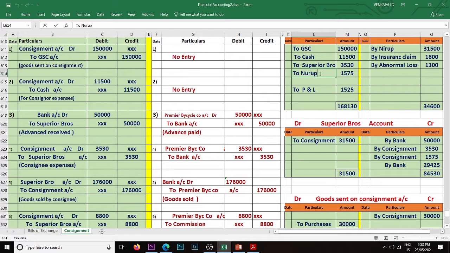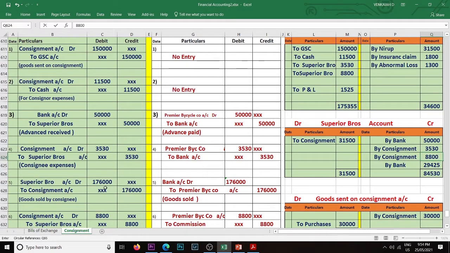And the next, commission, fifth journal entry, Superior Brothers account, consignment account related to 8,800. Same in the books of Superior Brothers by consignment 8,800.